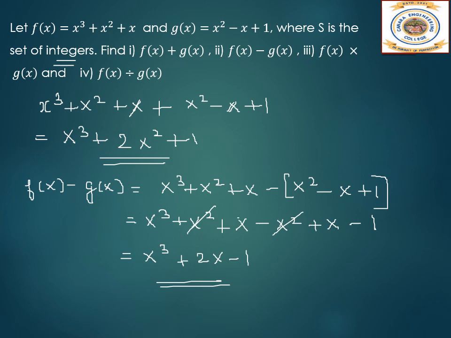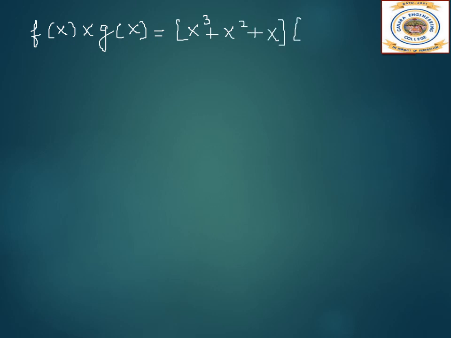So next we will see the multiplication. So let us multiply f of x into g of x. So here f of x is x cube plus x square plus x into x square minus x plus 1. So multiplying, I multiply x cube with all of the three terms, similarly x square with all the terms and x with all the terms.